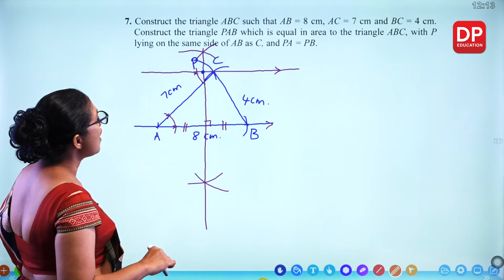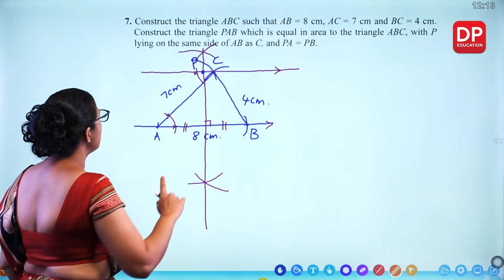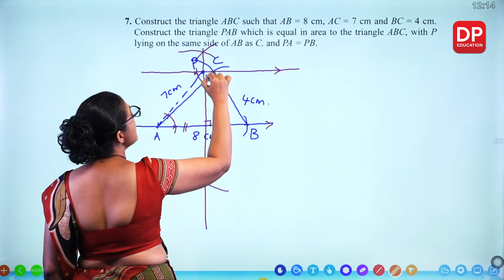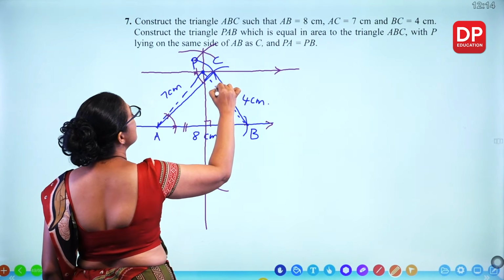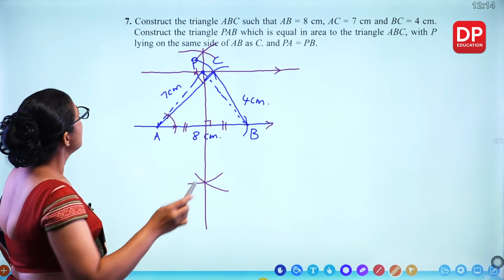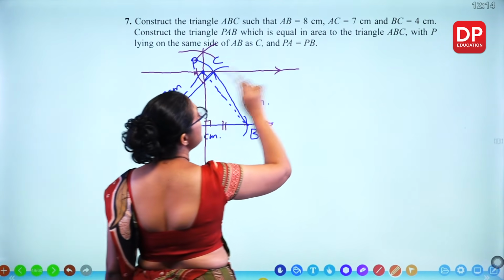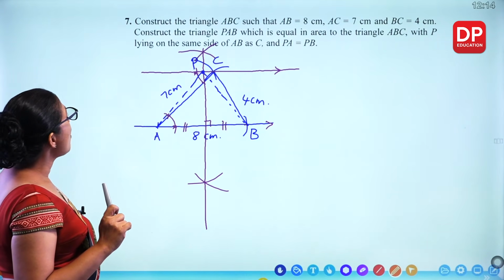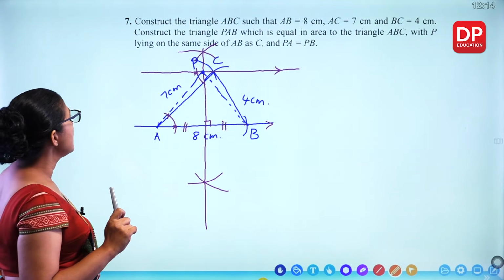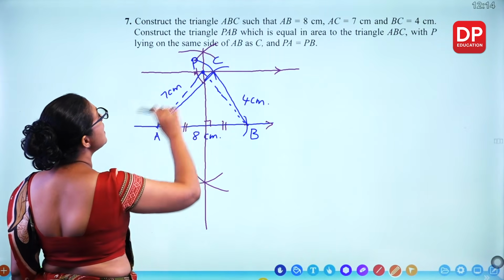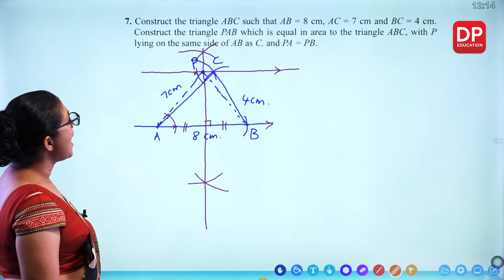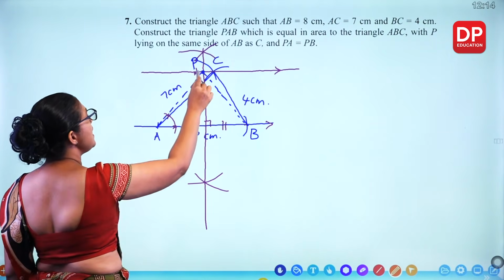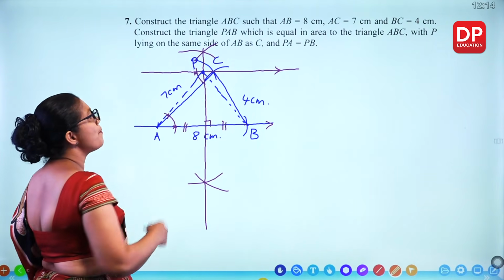And when you draw the triangle PAB, PAB is this triangle. We can say this is equal in area to ABC, with P lying on the same side of AB as C. That means on this side, and PA is equal to PB.